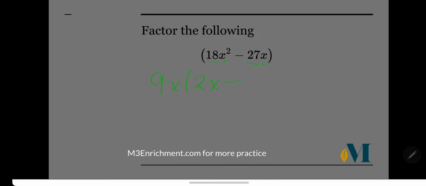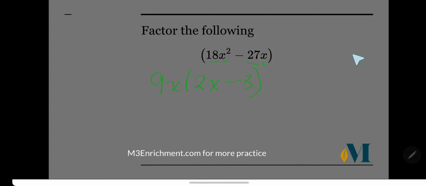Now let's look at our second term. 27 divided by 9, we have a remaining 3. And x divided by x, okay, that's just going to give us 1. So we are done with our last term. So we rewrote 18x squared minus 27x as 9x times 2x minus 3.